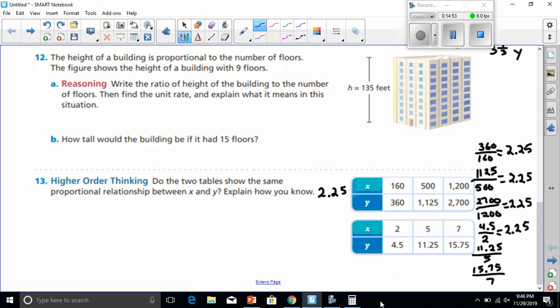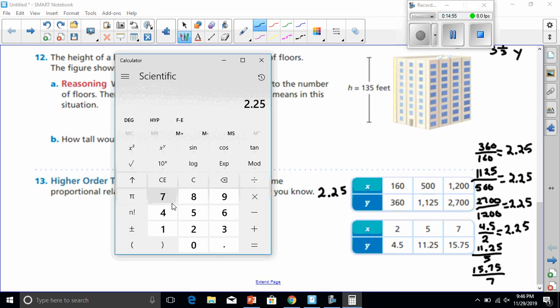And the next one is 11.25 divided by, excuse me, divided by 5, that's 2.25.